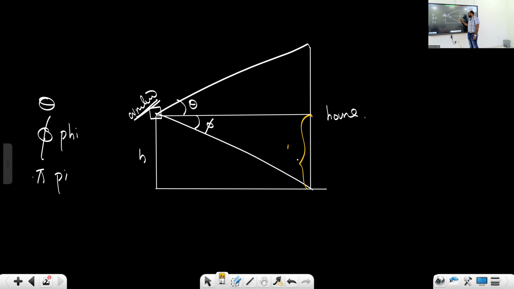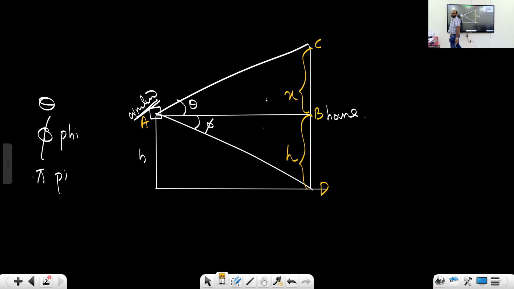This will be h, because the horizontal is at the same height. This I am going to take as x. I am naming the points A, B, C, D. This much is enough. We are focusing only on these two triangles.